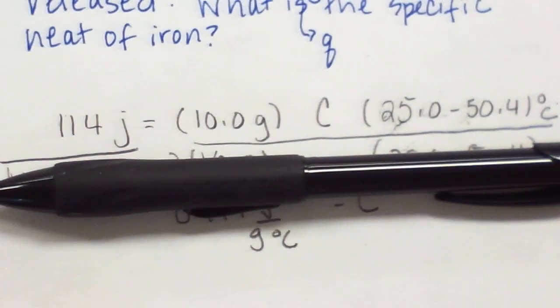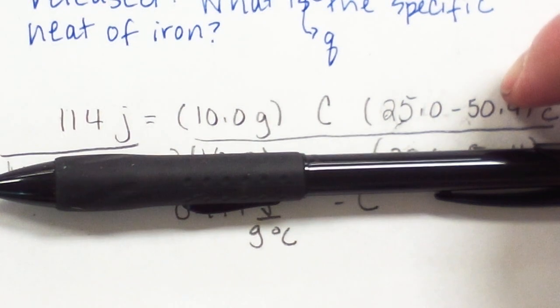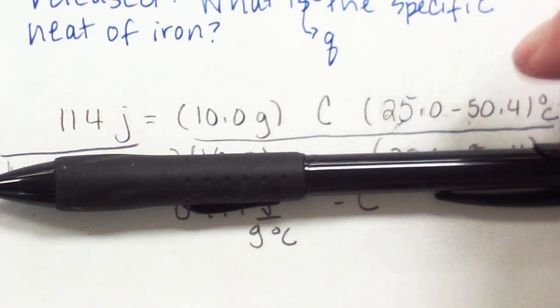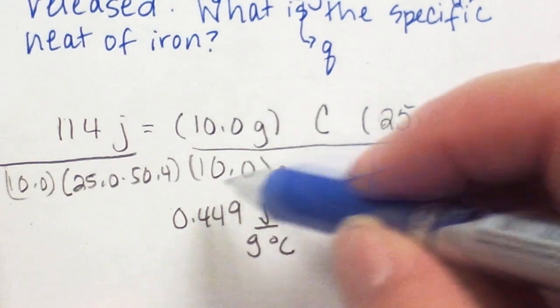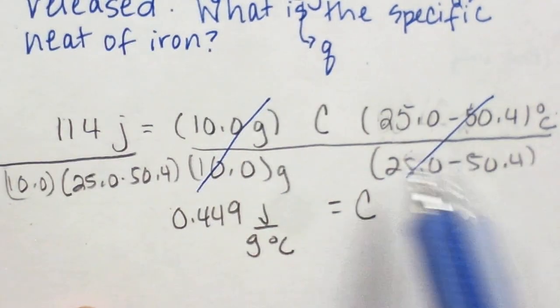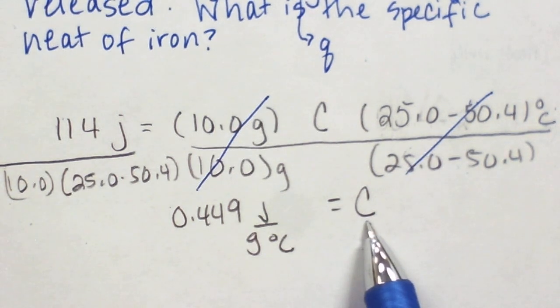This first line is your original line, final minus initial. All right, your final temperature minus initial temperature. Then, to get your C alone, you're going to divide out. So I divided both sides by my mass and my temperature, which got my specific heat by itself.